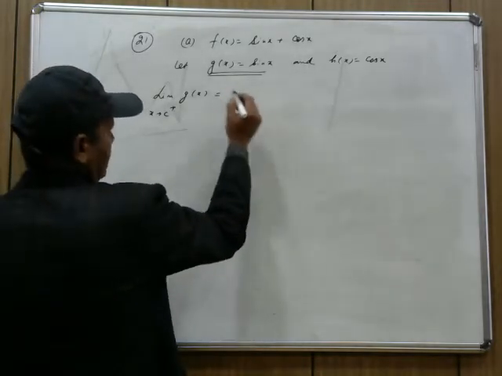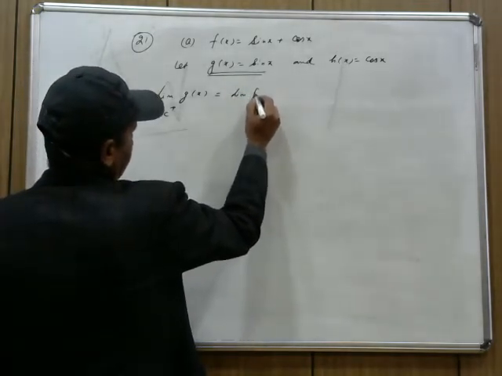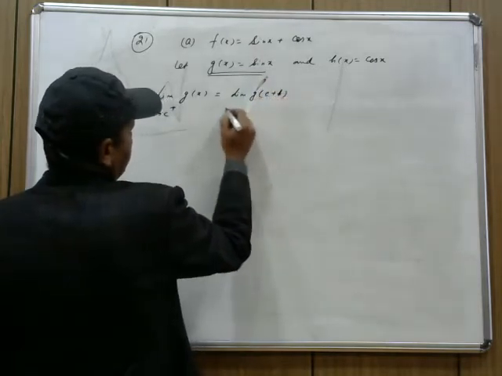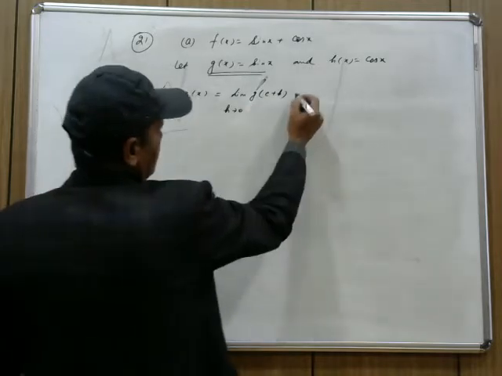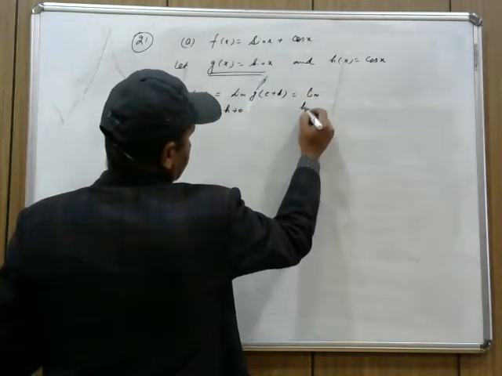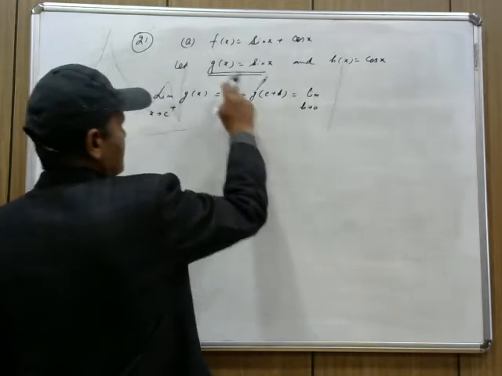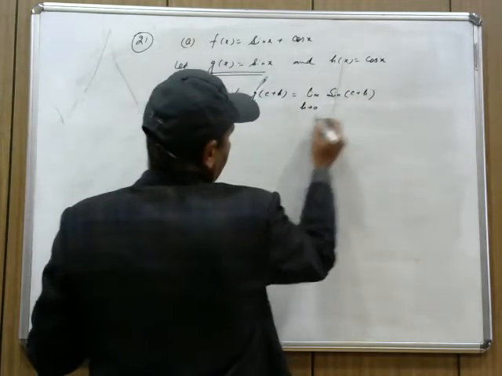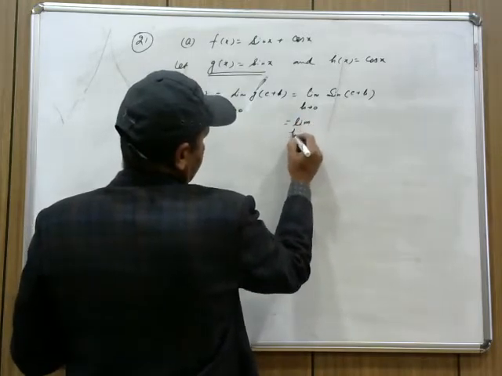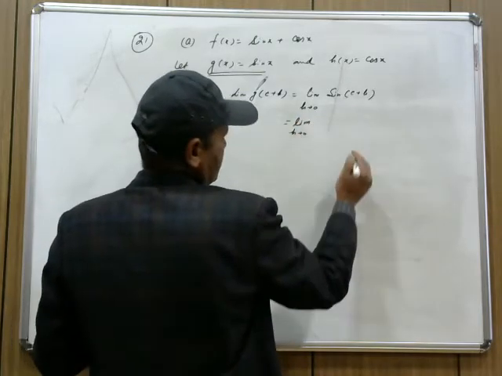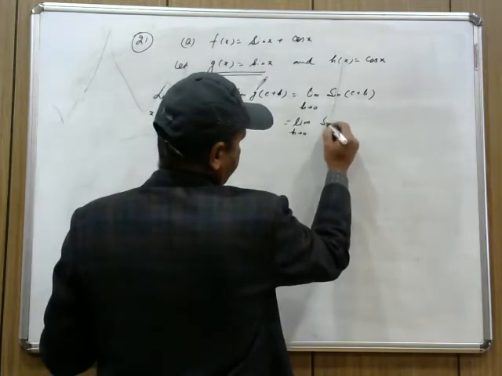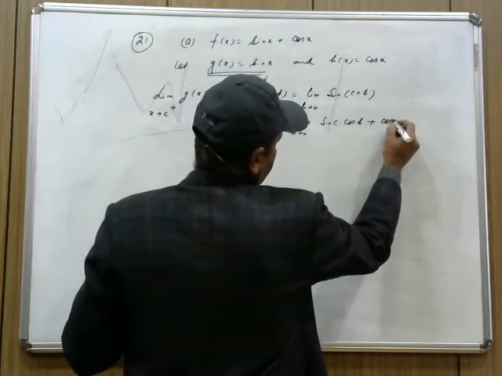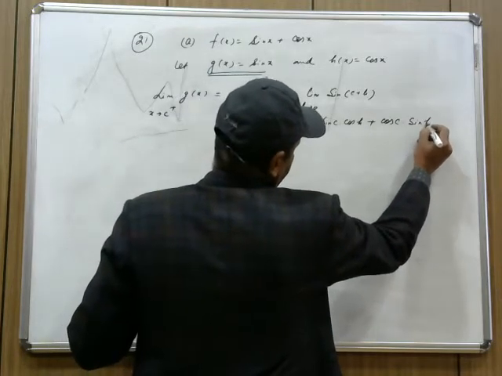Therefore now limit h tends to 0 of g(c plus h) is equal to limit h tends to 0 of sin(c plus h), and sin(a plus b) is sin c into cos h plus cos c into sin h.